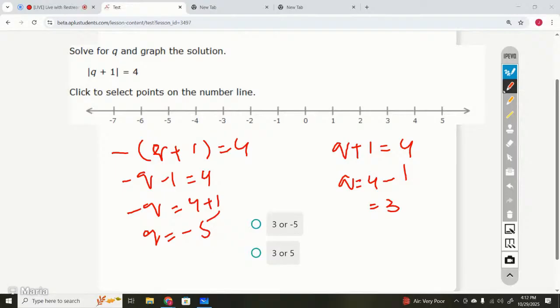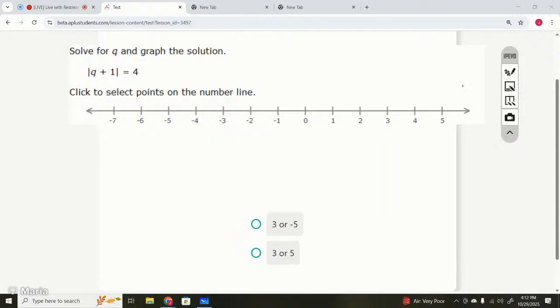So the correct option is negative 5 or 3. Option number 1 is the correct option.